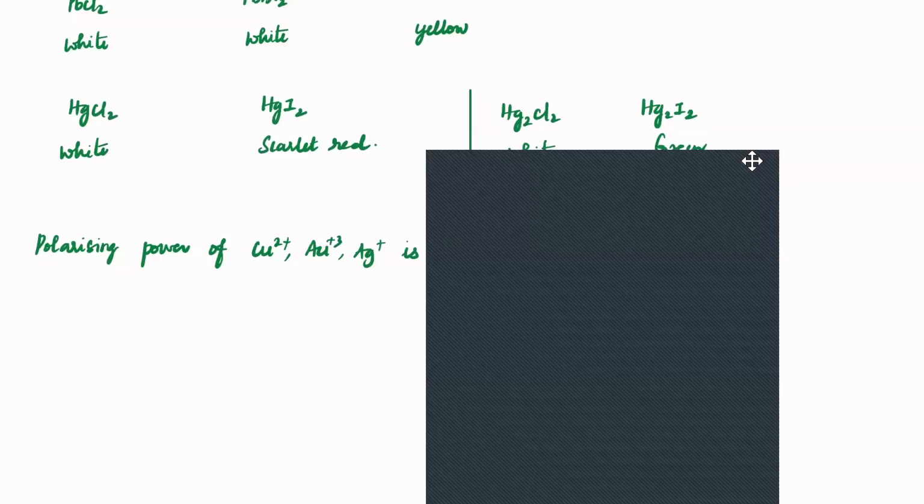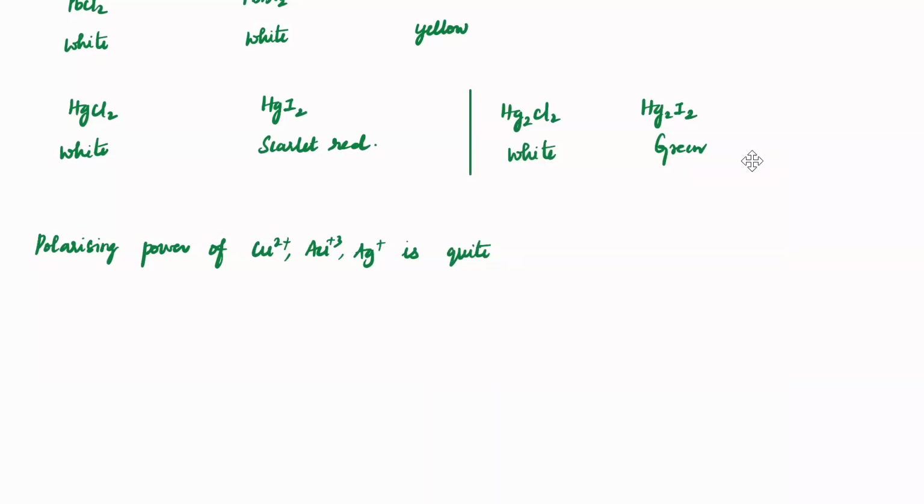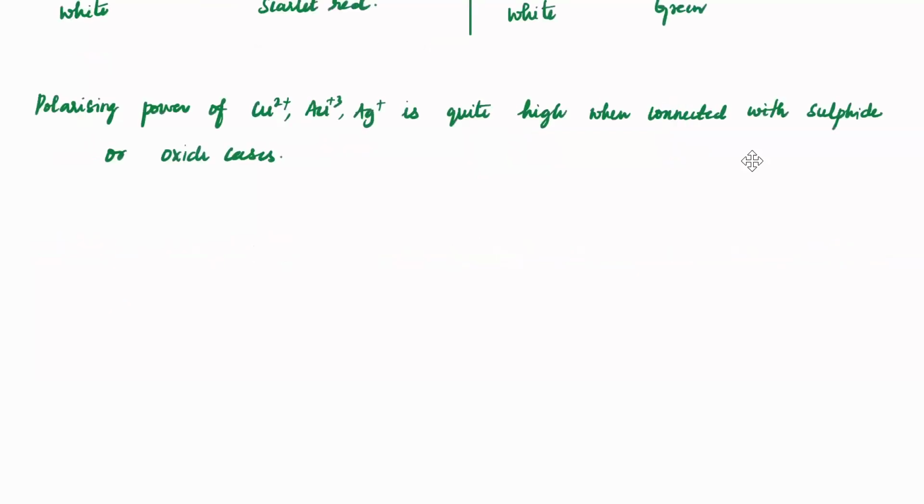See, when it comes to these cases, the polarizing power is quite high when connected with sulfide or oxide cases. Got it? So that's why they usually have strong colors.